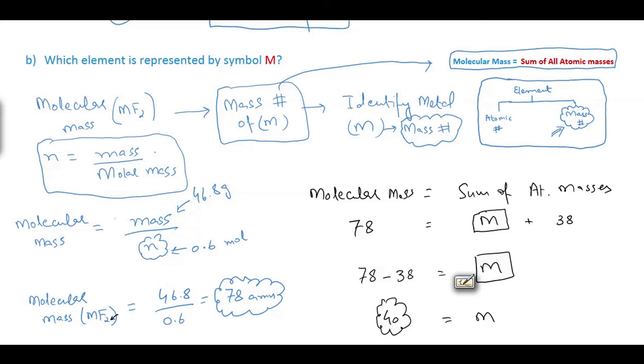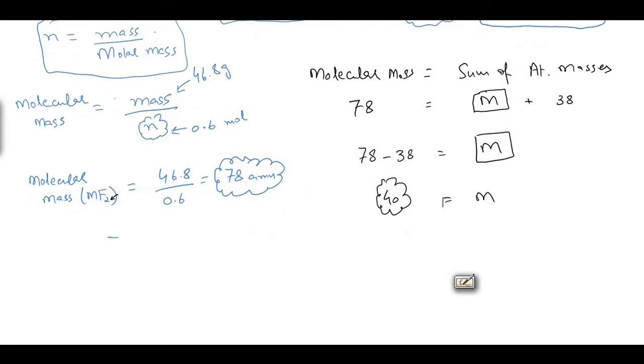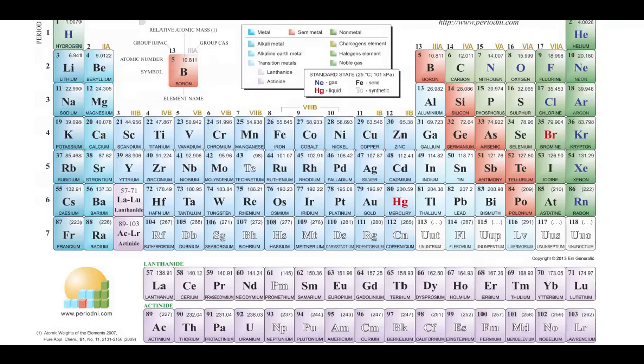For this purpose we are going to need the help of the periodic table. Alright, you can see that 40 is the mass number of calcium, 20 is its atomic number, and 40 is its mass number.